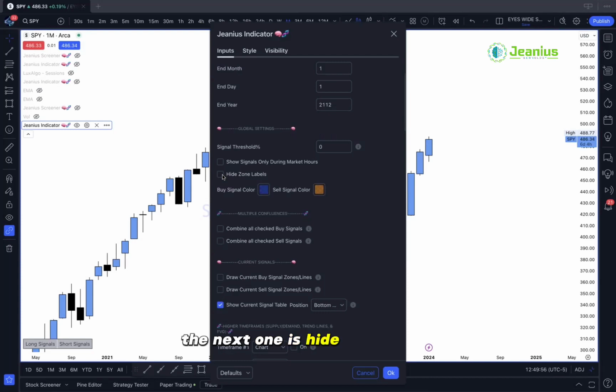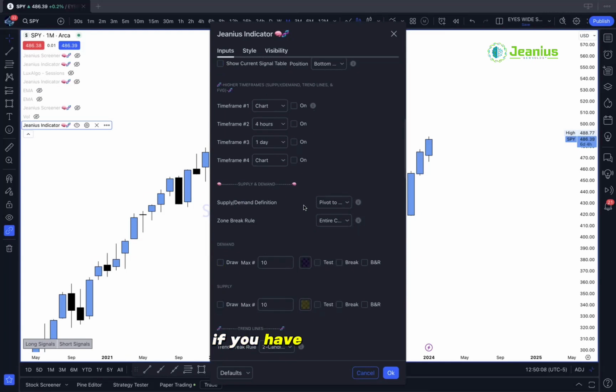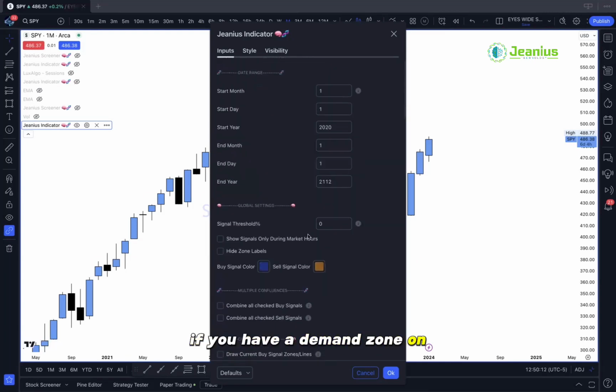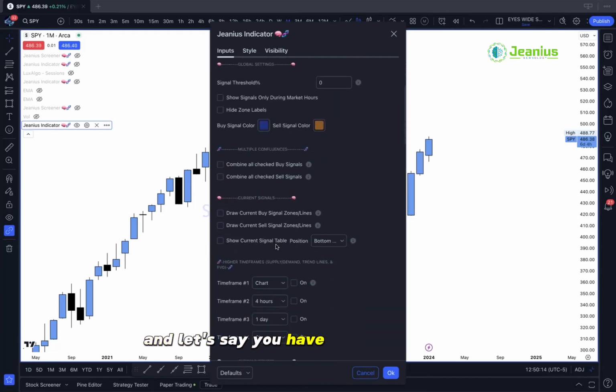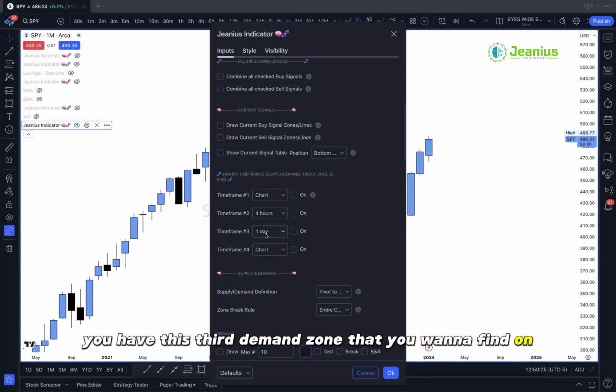The next one is hide zone labels. This is for when you have, let's say, a demand zone on, and you have that demand zone set to the current chart, a second demand zone that you want to find on the 4-hour, and a third demand zone that you want to find on the 1 day.